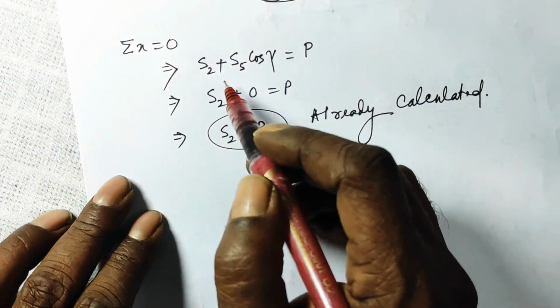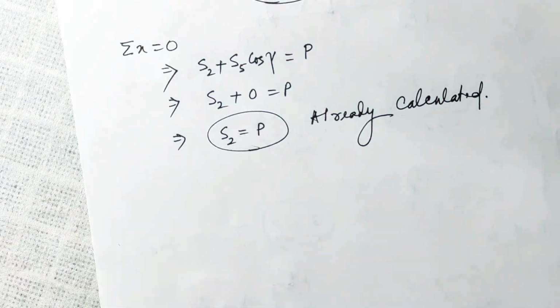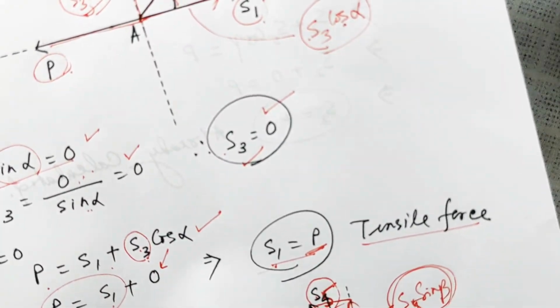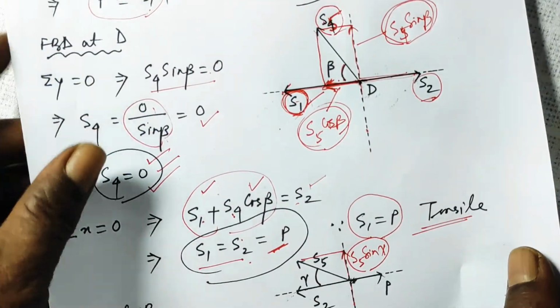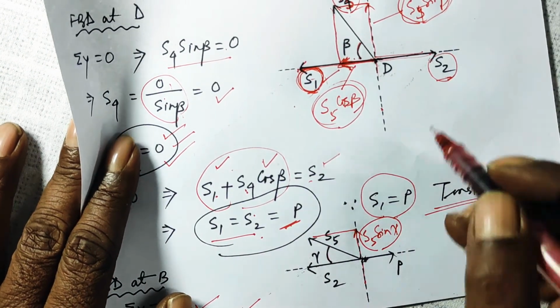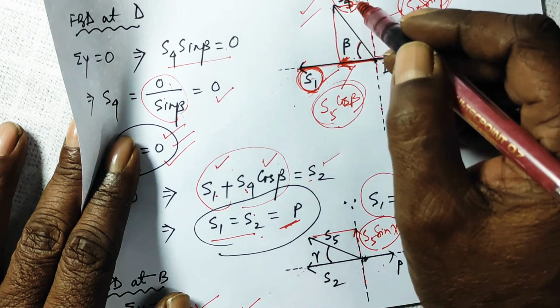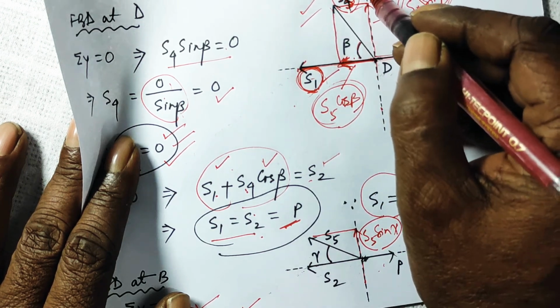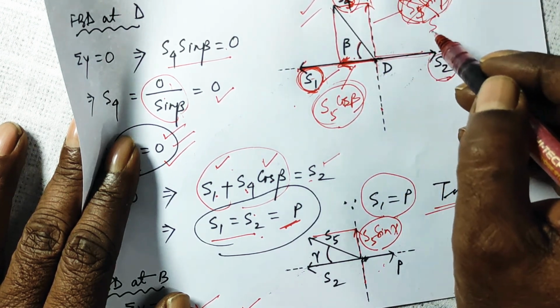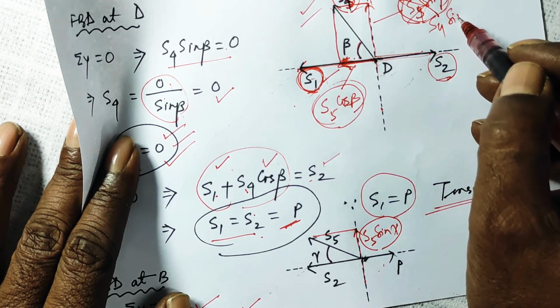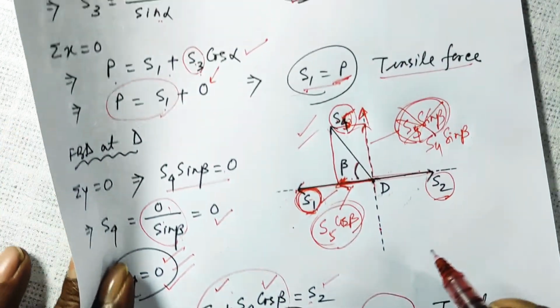Oh sorry, I am looking at a different point. Sorry, I was explaining this, not this. This is all right up to this. This is S4. This is S4 sine beta.